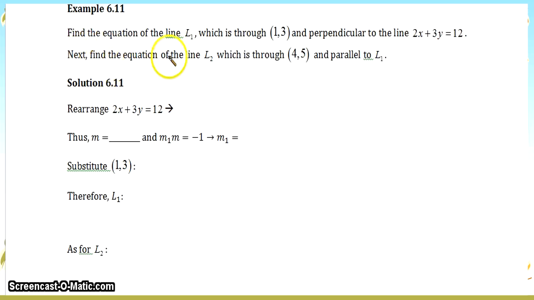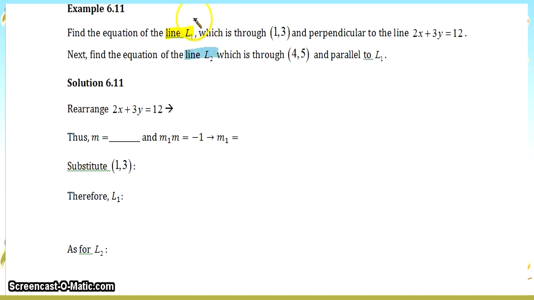Next, find the equation of the line L2, which passes through point (4, 5) and is parallel to line L1. In this question, we need to find two equations: one is the equation of line L1, and the other is for L2. Let's do one by one.